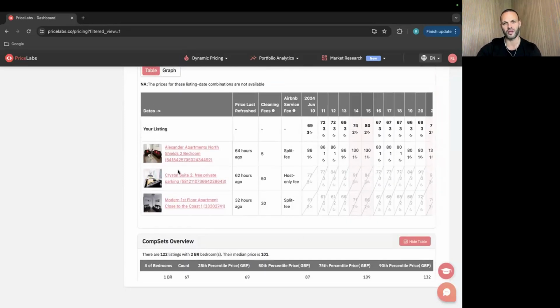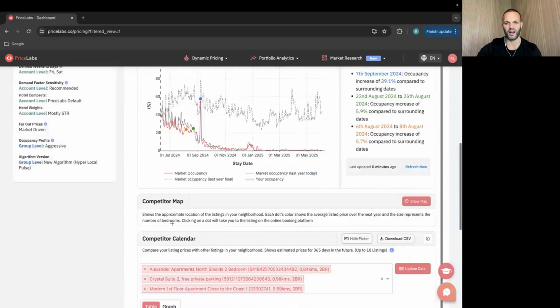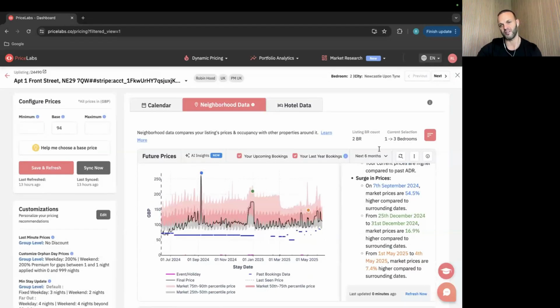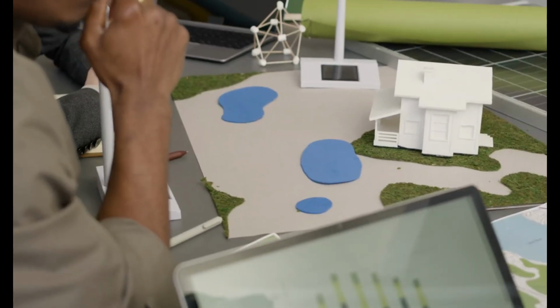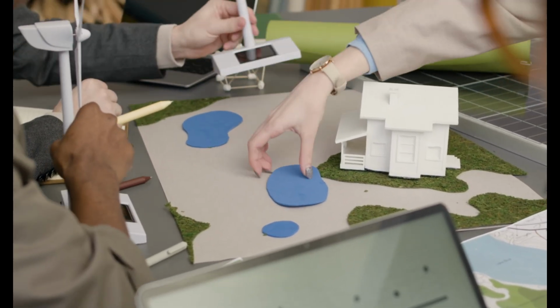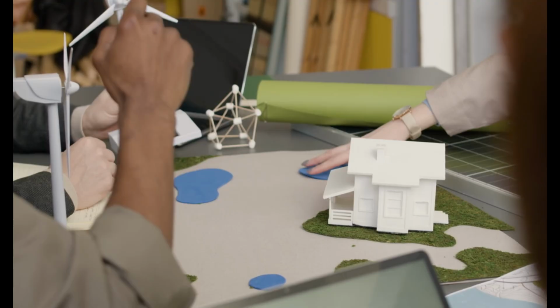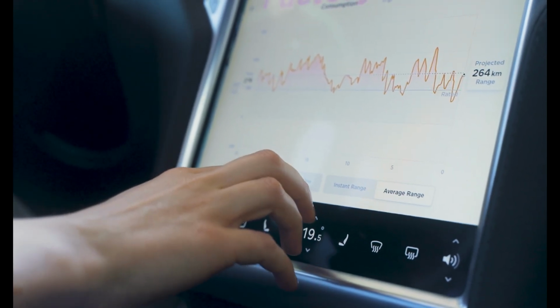But I think this tool here, the competitor analysis, the future pricing and the AI insights, if you just went through every single one of your properties and had a look at the AI insights and made the tweaks based on what the AI data is telling us to do, then you will make more money from your properties, and you can thank Pricelabs for doing it.